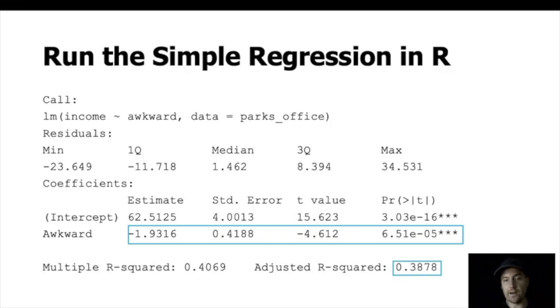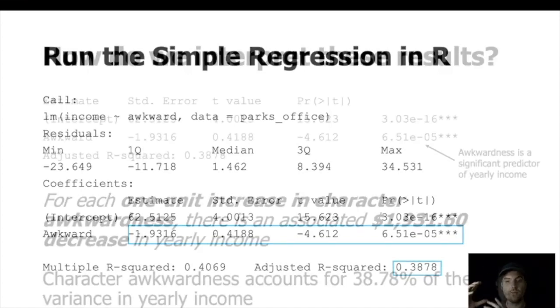The adjusted R squared here is 0.3878, so roughly 0.39. How we could interpret that is that awkwardness explains 39% of the variability in income. That means awkwardness alone is explaining quite a bit of why people differ in income level.